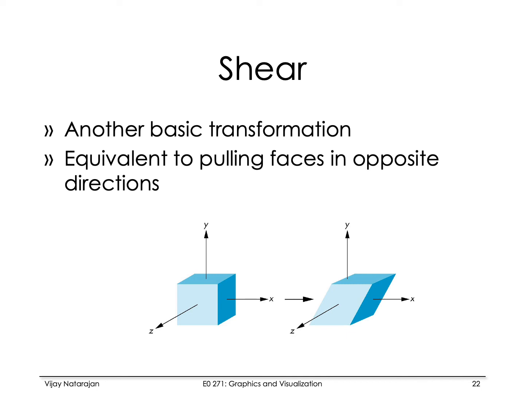Shear is also a basic transformation. This is essentially a transformation that pulls the top and bottom faces of this cube, for example, in opposite directions. So the top face gets pulled along the positive x, and the bottom face gets pulled along the negative x. You can imagine that this is the result of the cube being pulled apart by anti-parallel forces, essentially a shear force.